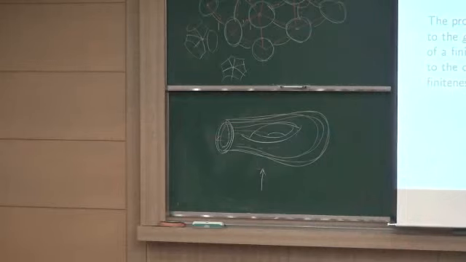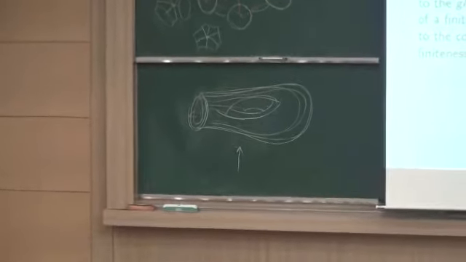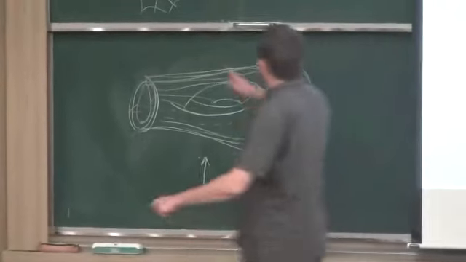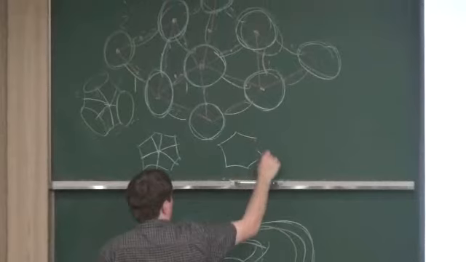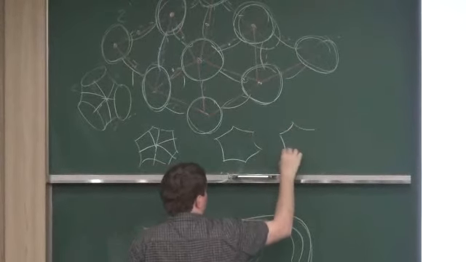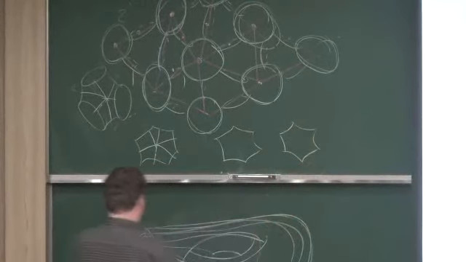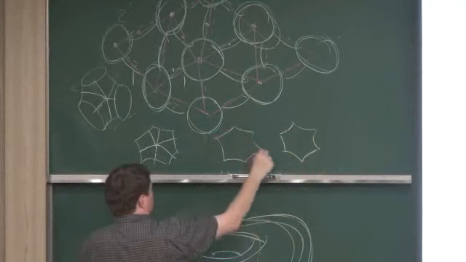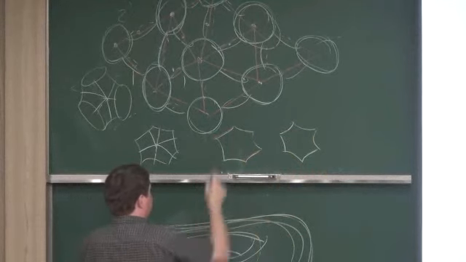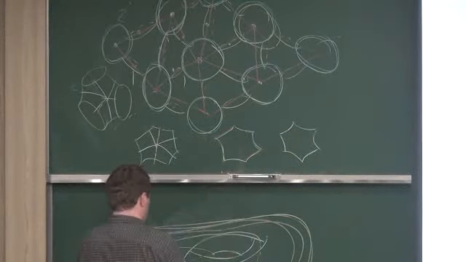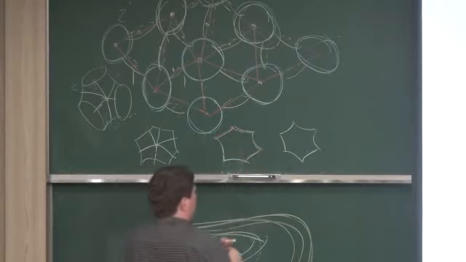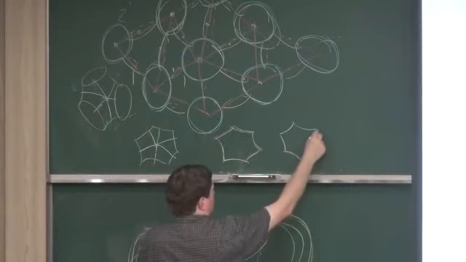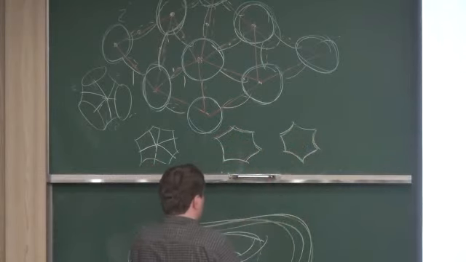Maybe I'll draw a couple of other possible colorings. So this particular hexagon will have different colorings, maybe colored like this for some choice. And there'll be finitely many ways of coloring because it's only finite-sided.